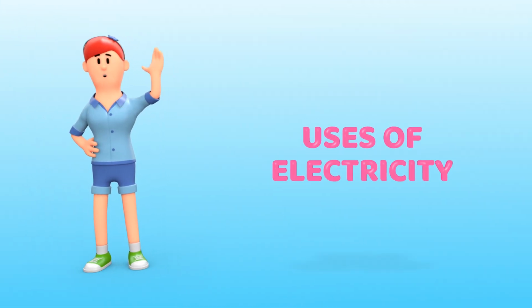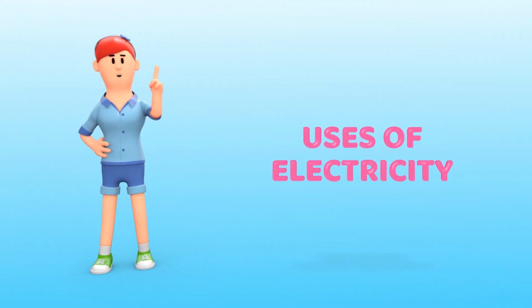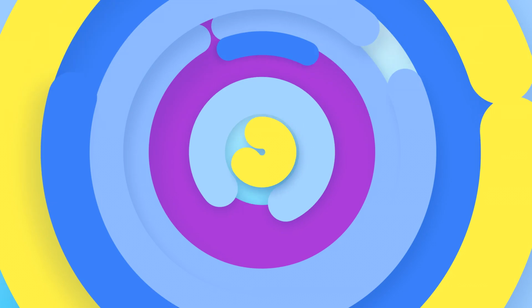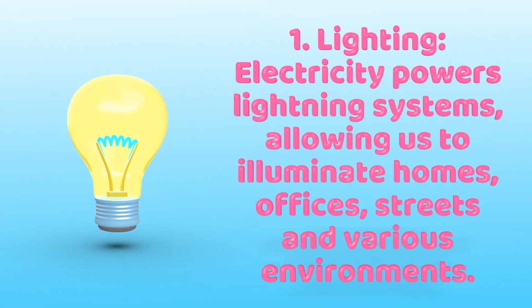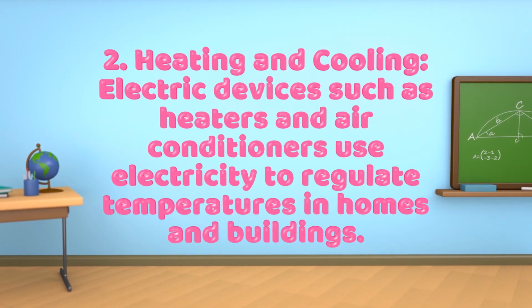And lastly, let's talk about the uses of electricity. Firstly, it is lighting. Electricity powers lighting systems, allowing us to illuminate our homes, offices, streets, and various environments. Secondly, it is heating and cooling.